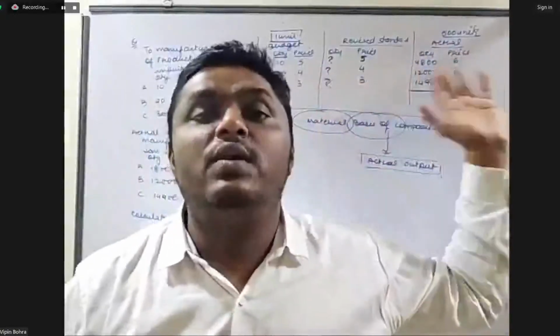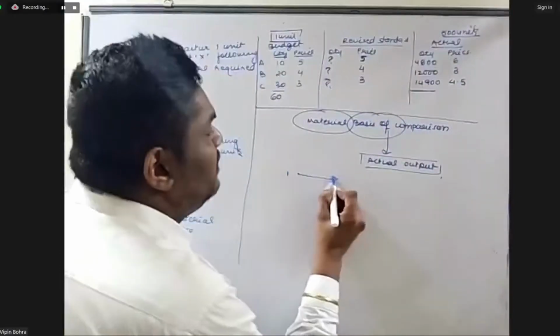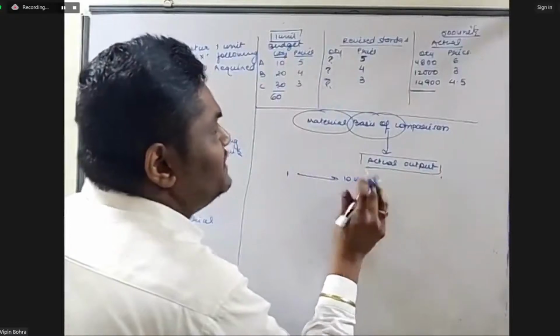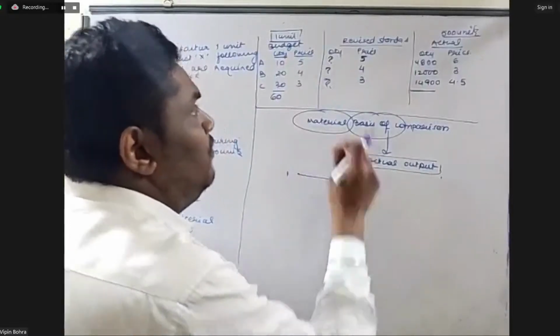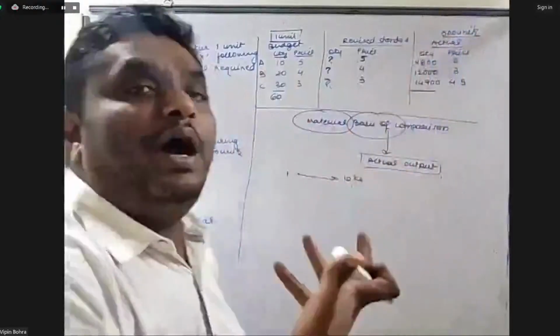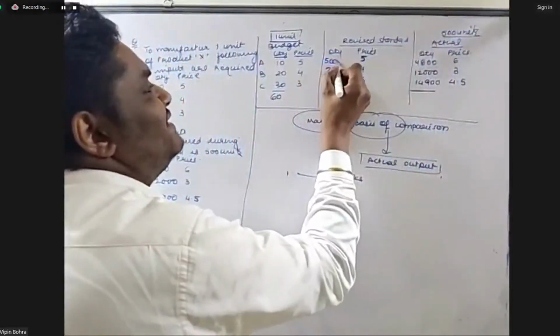No, these figures are not comparable. We have to make them comparable. So for 1 unit, how much quantity is required for A? 10 kgs. 1 unit requires 10 kgs. So 500 units require how many kgs? Very simple, guys. 5,000 kgs.